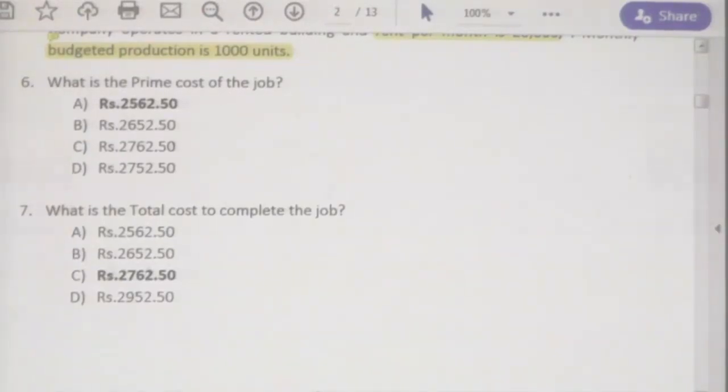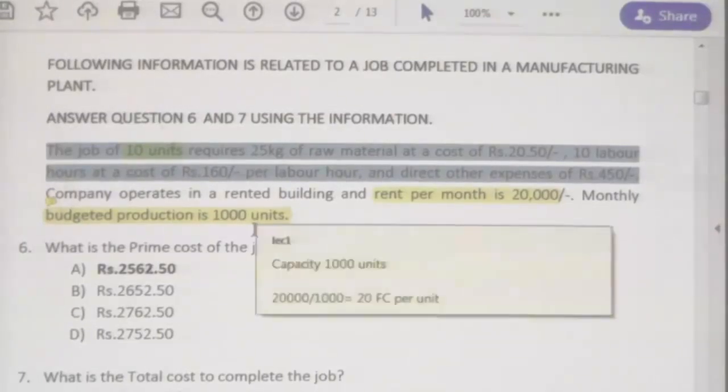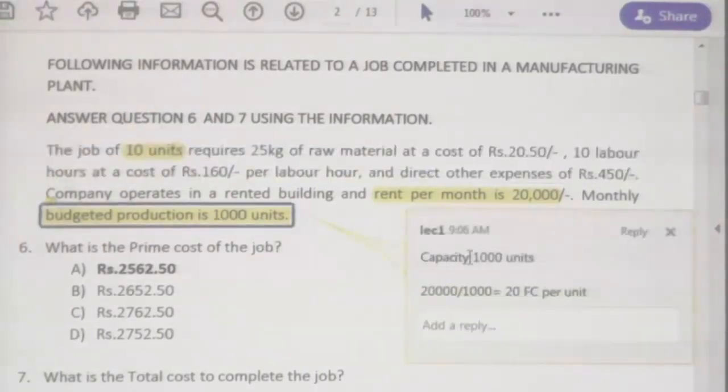What is the total cost to complete the job? To complete the job, you need to incur total prime cost plus part of your fixed cost. This entire rental of 20,000, as I explained, will be incurred for 10,000 units. Why? The fixed cost will be incurred for the capacity, as I told you earlier. Fixed cost will be incurred for the capacity.